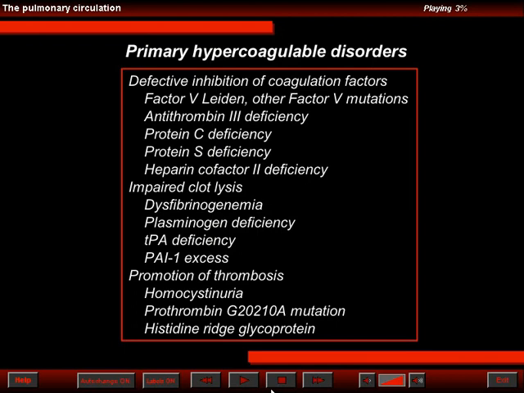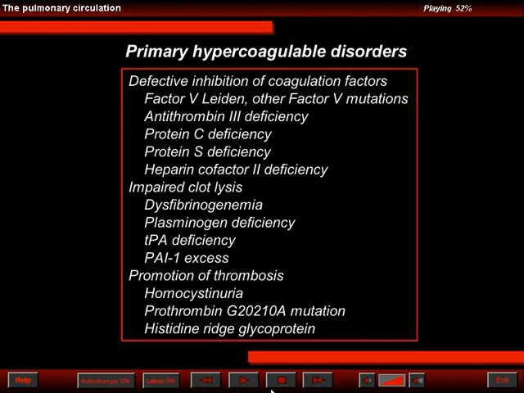Primary hypercoagulable disorders. There can be a defective inhibition of coagulation factors, which include factor V Leiden, other factor V mutations, antithrombin 3 deficiency, protein C deficiency, protein S deficiency, and heparin cofactor 2 deficiency.